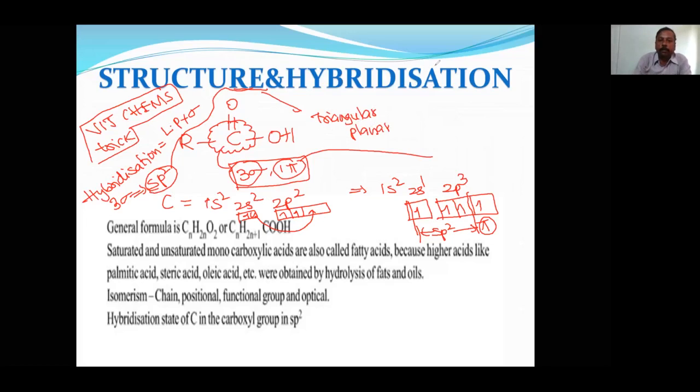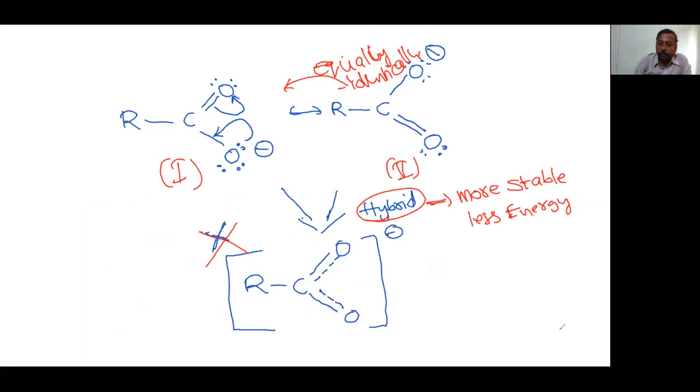Is it clear to all of you? Or should I explain it? Okay, I will explain on the whiteboard. Here, this is the carbon and it is attached to a total of three groups.